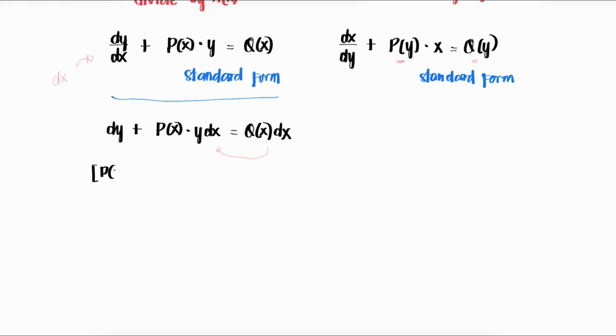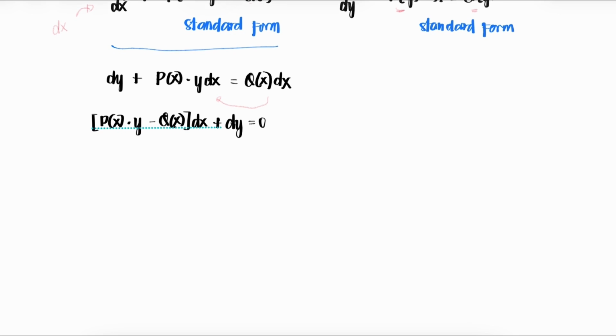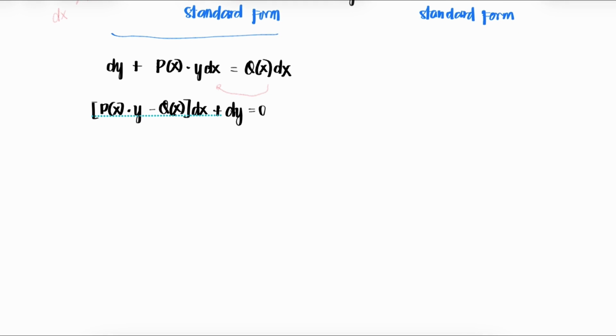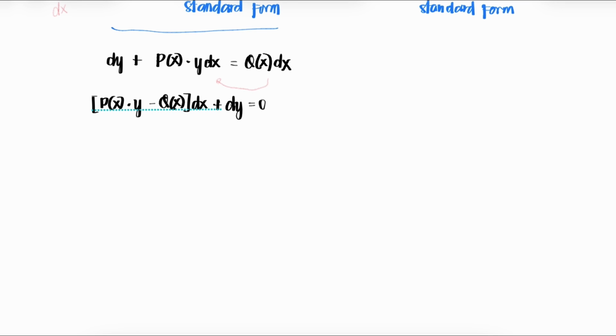That's p of x times y minus q of x, dx plus dy equals 0. So this differential equation right here is an inexact differential equation. And for us to be able to make it exact, remember, we multiply it with an integrating factor v.